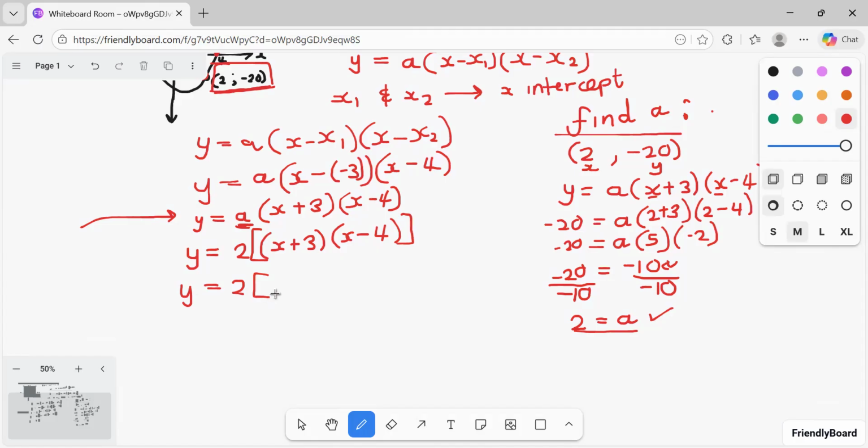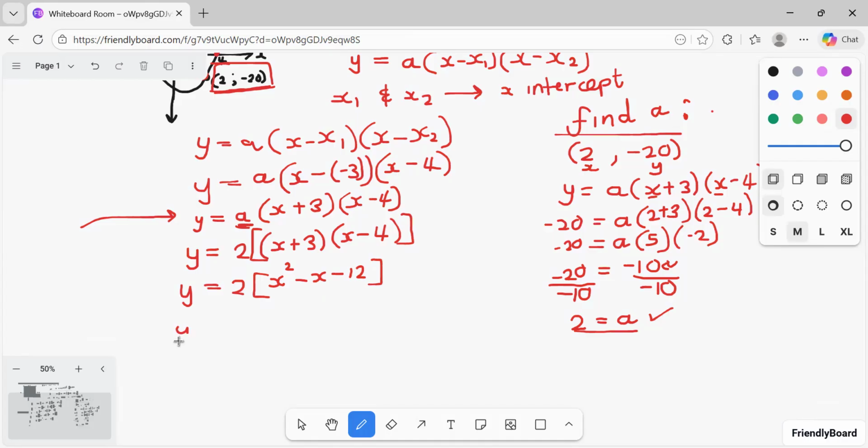I'm going to multiply them together, which is going to give me x squared minus x minus 12. Then I multiply everything by the 2 now.